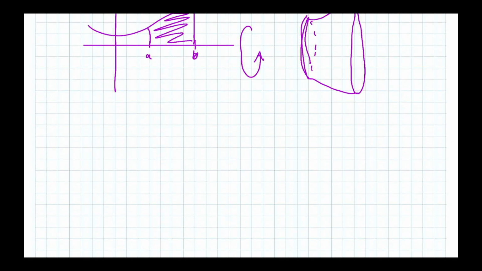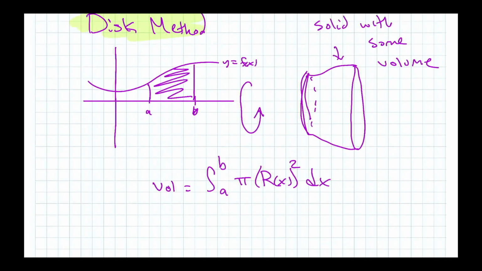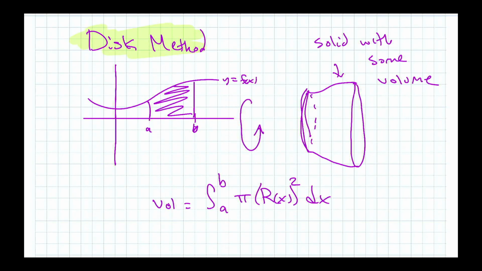What's the volume? Well, the volume is given by the integral from a to b of pi the radius squared dx. Now, what's the radius, you ask? The radius is measured from the axis of rotation up to the curve. So this distance is the radius, from here to here.